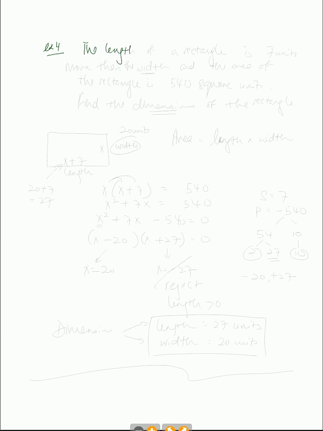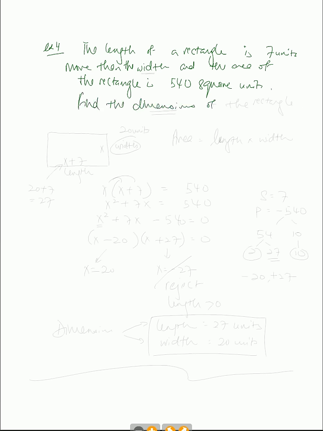The length of a rectangle, okay, so this time is a different shape, it's a rectangle, is 7 units more than the width and the area of the rectangle is 540 square units. Find the dimensions of the rectangle.